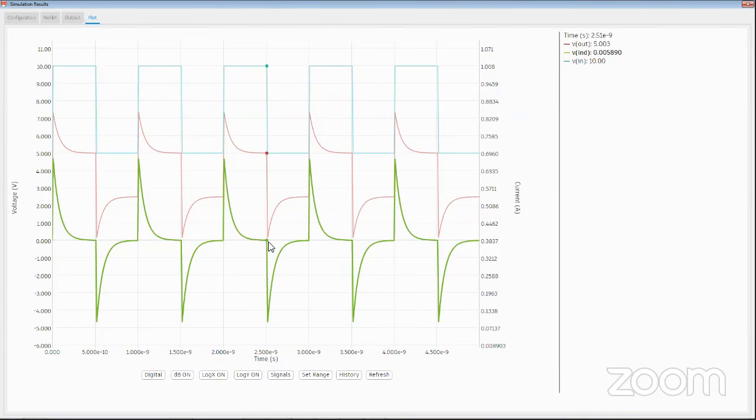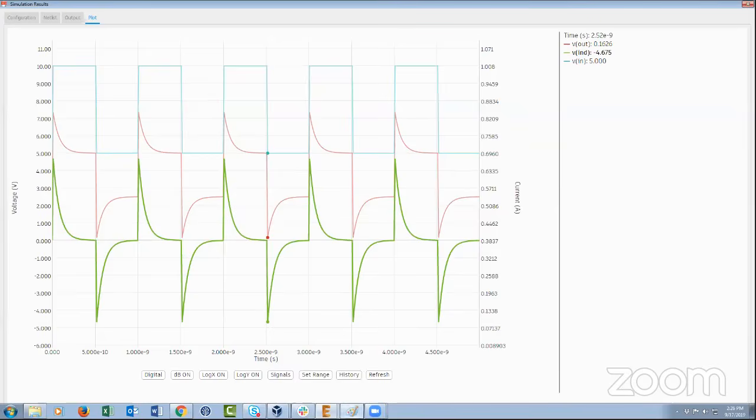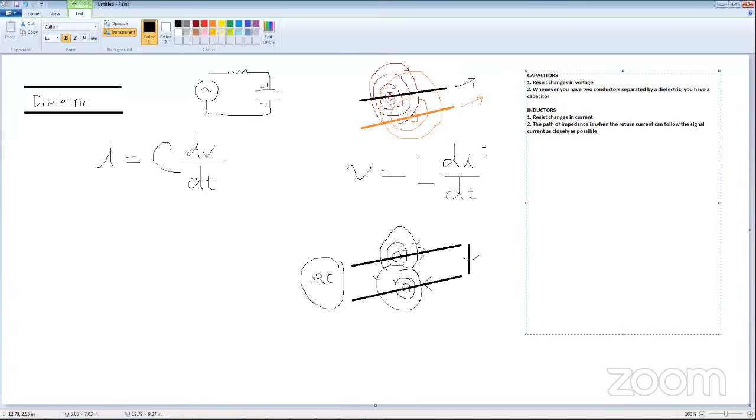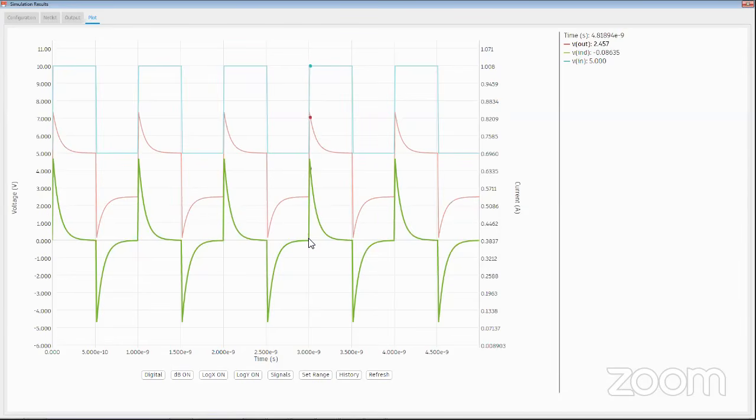And this is all governed by that equation we wrote over here earlier. If you solve the differential equation, you're going to see that this is expected behavior. The inductor changes its voltage to try to keep the current steady, and in doing so, you get these peaks.